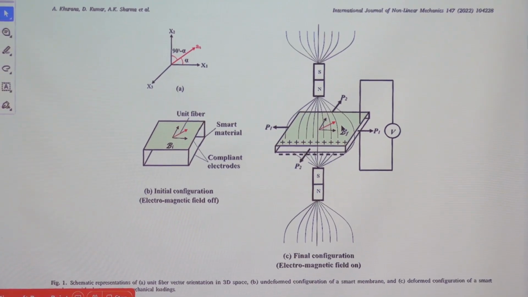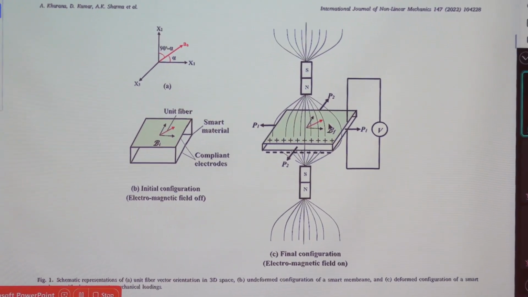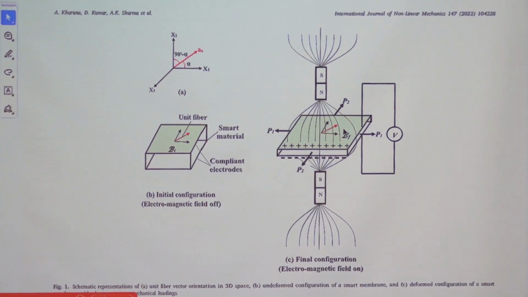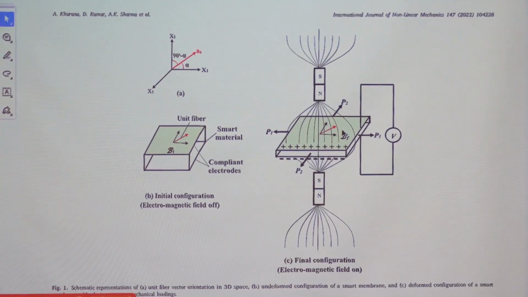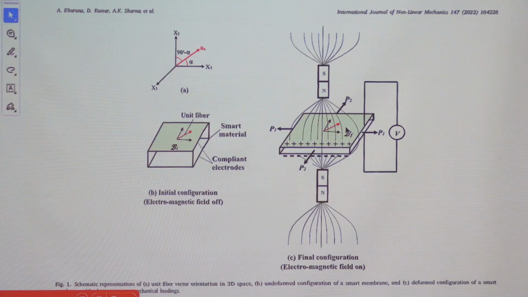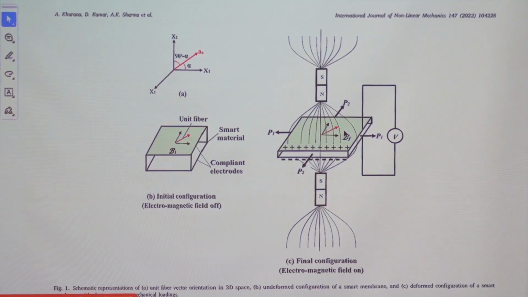For example, during fabrication, if you integrate some magnetic particles into a dielectric elastomer membrane, it will behave like an electromagnetoactive membrane. So you can have controllability by using two actuation mechanisms, electric and magnetic.